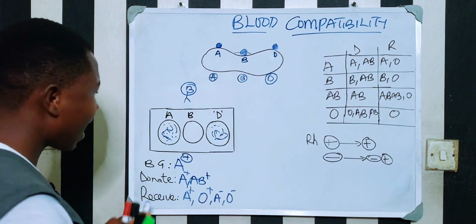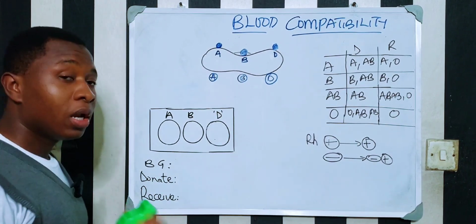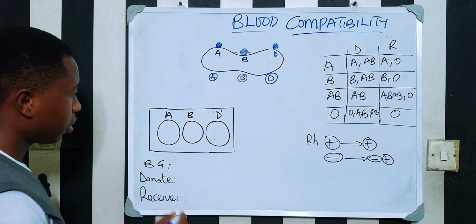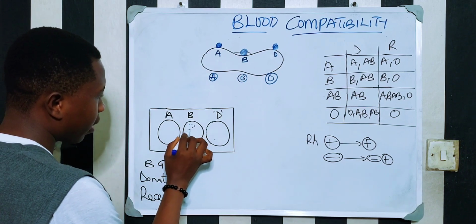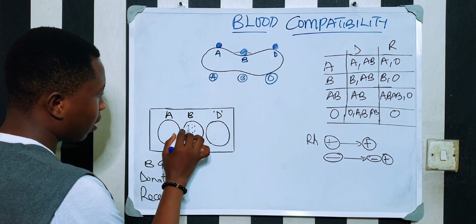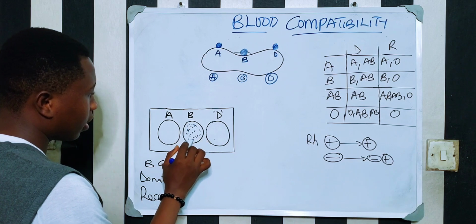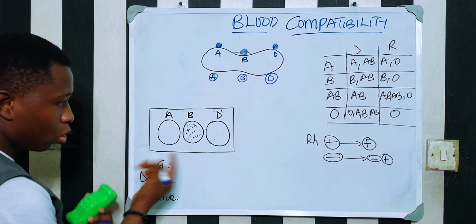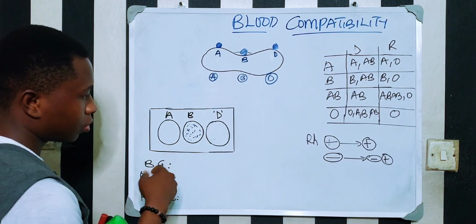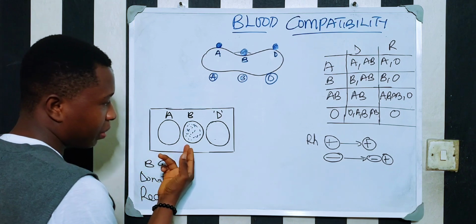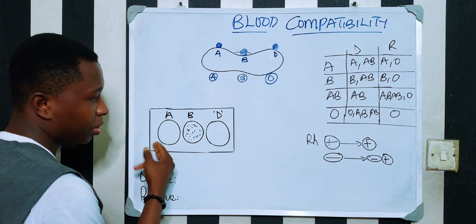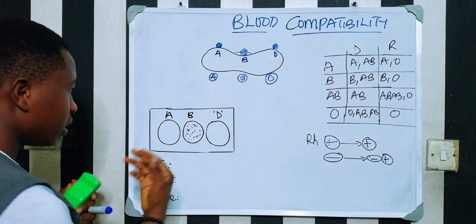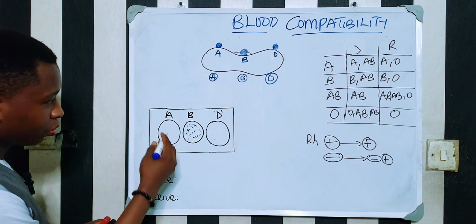All right, so let's take another scenario. Let's assume there is a clump here on the B and no clump. So we only have the clump in the B part, no clump in here, no clump in here. So this signifies that this blood group is what?